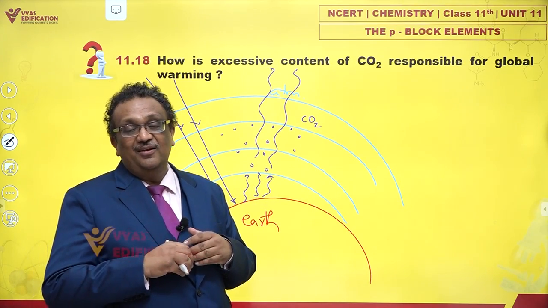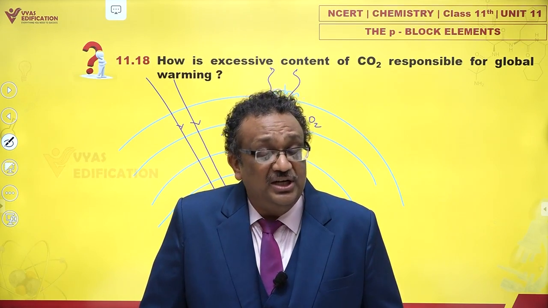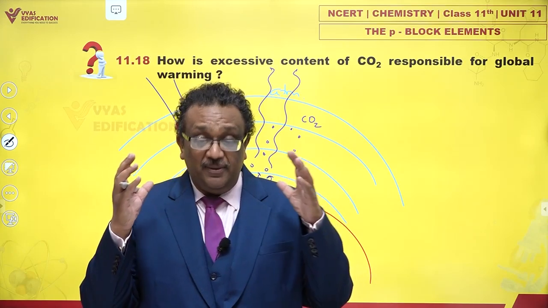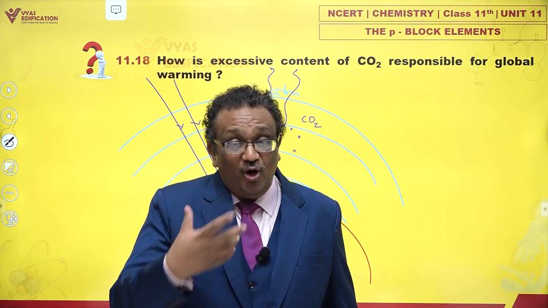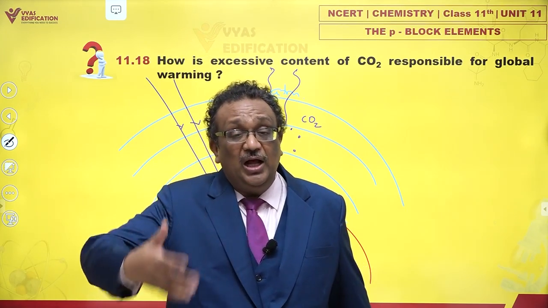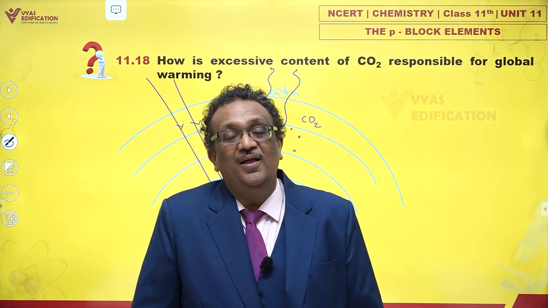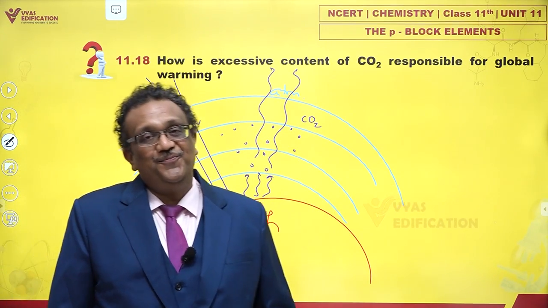Since the atmosphere will begin to absorb more heat, Earth would become warmer, because it is not allowing that heat to escape back into space. And that, my dear, would be the reason for global warming.